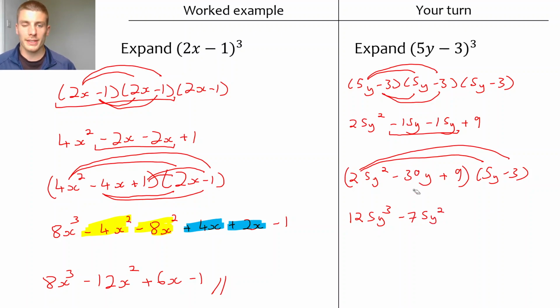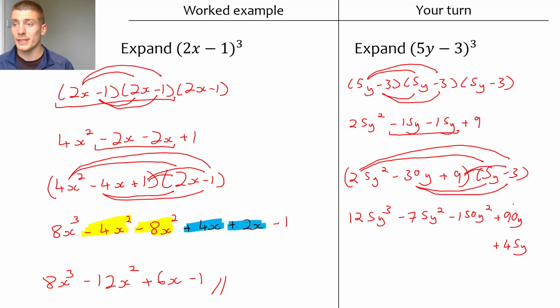You've then got minus 30y times by plus 5y, which gives you minus 150y squared. You've then got minus 30y times by minus 3, which will be positive 90y. You've then got plus 9 times by positive 5y, which is positive 45y. And you've got plus 9 times by negative 3, which is minus 27.